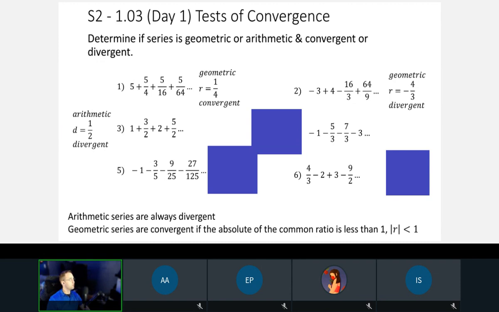All right, number 4, which is over here. Arithmetic or geometric? Arithmetic. So what are we adding every single time then?